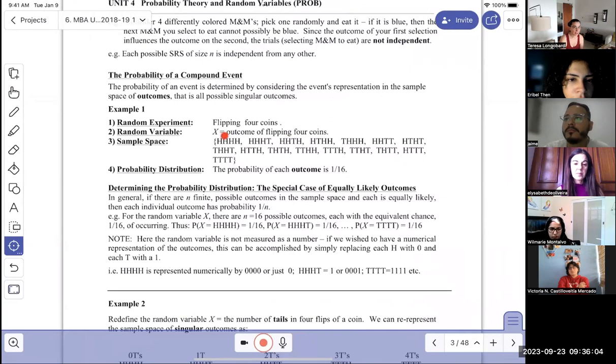And I'm going to define the variable X. So, until here in the notes, I use X for the normal distribution, right? But it's just a name, a label. I'm going to use it for different kinds of distributions. And here I'm going to call X the outcome of flipping 4 coins. Now, this is not a normally distributed variable.